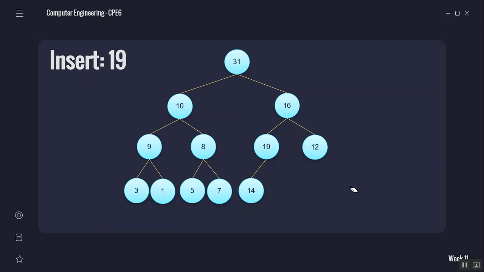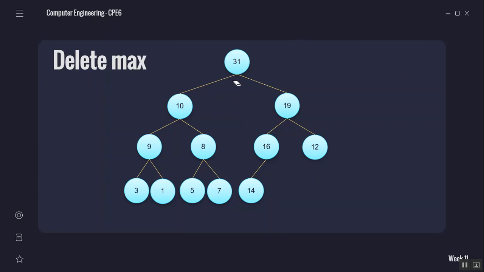Now again, since we need to follow the max heap property, 19 is a child of 16, so we need to swap them again. Then let's see if the parent node of 19 is lesser than 19. Since 19 is lesser than 31, we don't have to swap it with its parent, which is 31. And that's it. We have followed the max heap property on this complete binary tree.